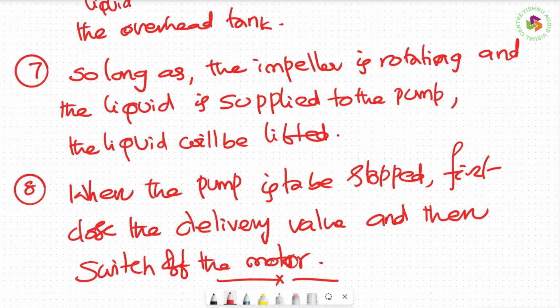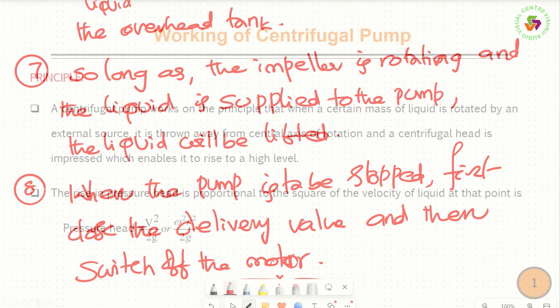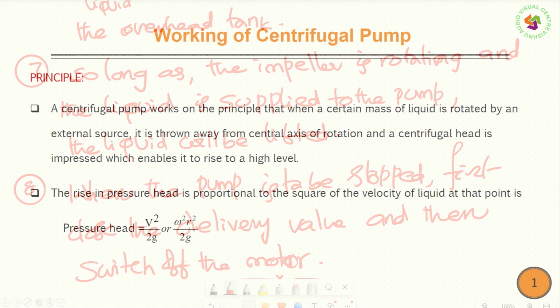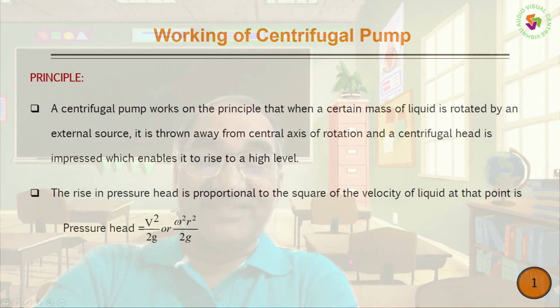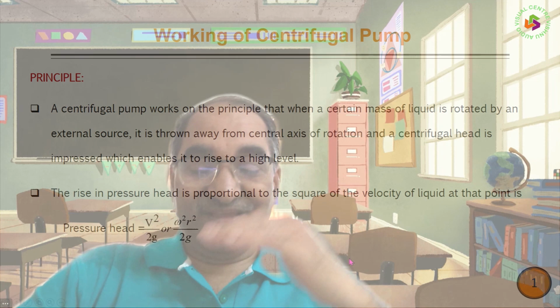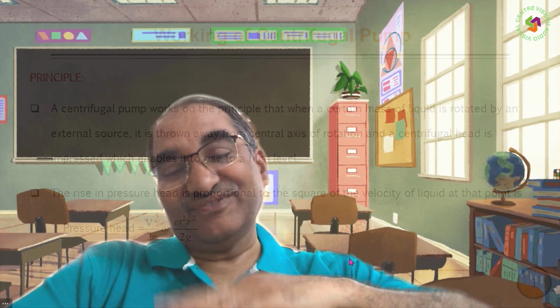That's it. So kindly remember the most important points in the working of the centrifugal pump. First, you should be able to understand the principle of the centrifugal pump, which states that when a certain mass of liquid is being rotated by an external source, this mass of liquid is moved from a lower elevation to a higher elevation.